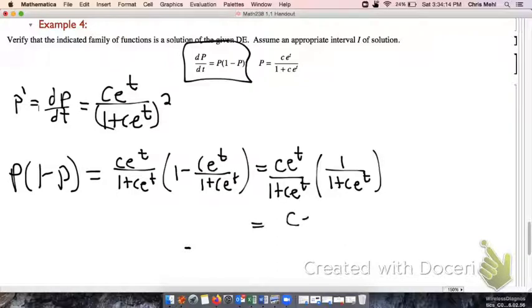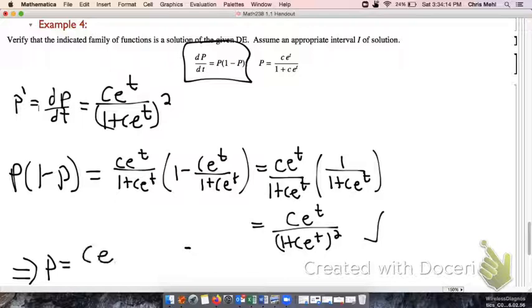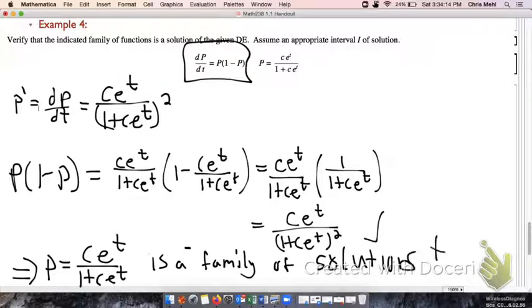Sure enough, when you multiply across, what that tells me then is, since I took p and its derivatives, plugged it into the original differential equation, and I got the same thing on both sides, where I got an identity, that means p equals ce^t over 1 plus ce^t is a family of solutions to the differential equation above.